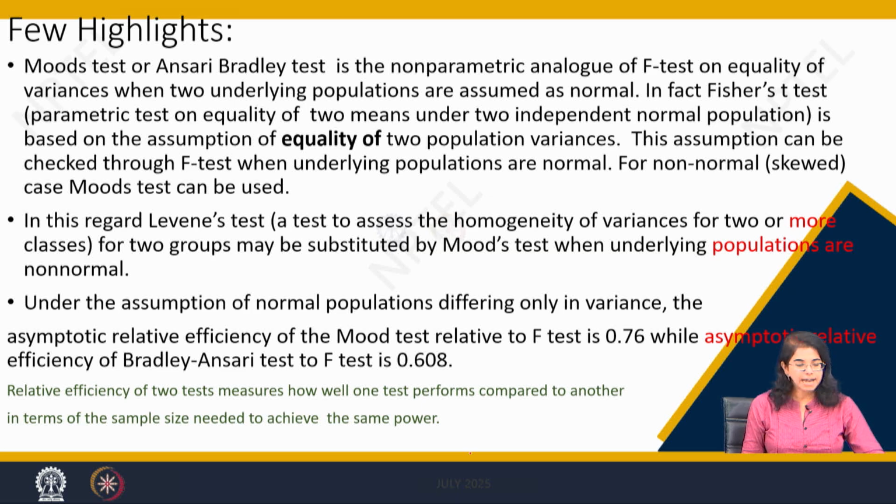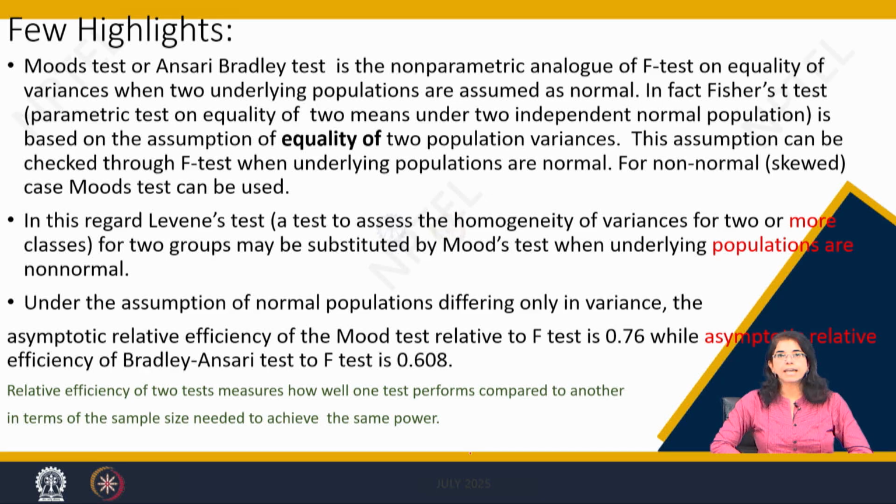There are few highlights I would like to mention, because sometimes we get confused whether mood test, whether Ansari-Bradley test, which one we will choose, which one we will pick up. Mood test or Ansari-Bradley test is the non-parametric analog of F-test on equality of variances when two underlying populations are assumed as normal. In fact, Fisher's t-test, parametric test on equality of two means under two independent normal population, is based on the assumption of equality of two population variances.